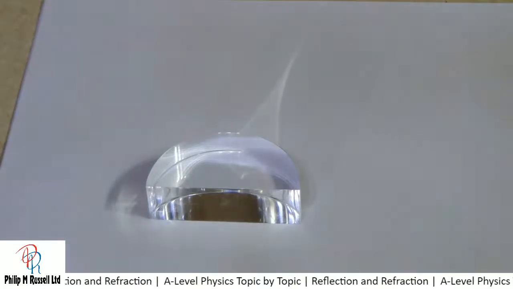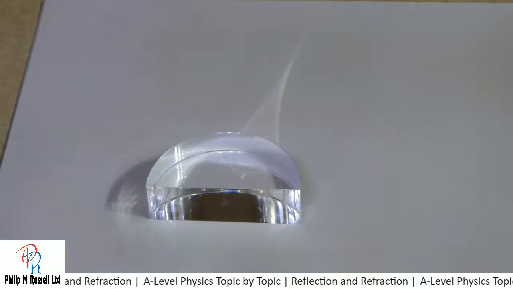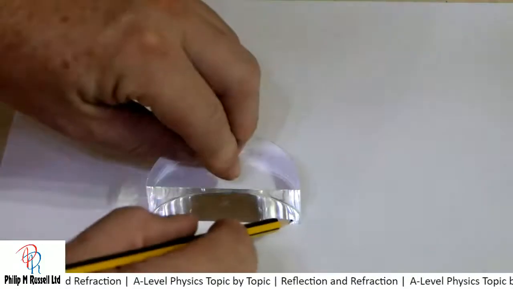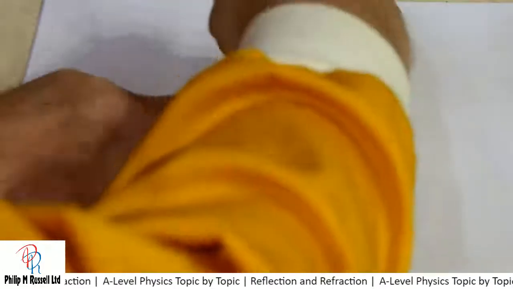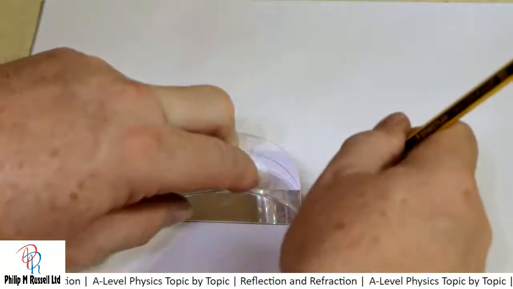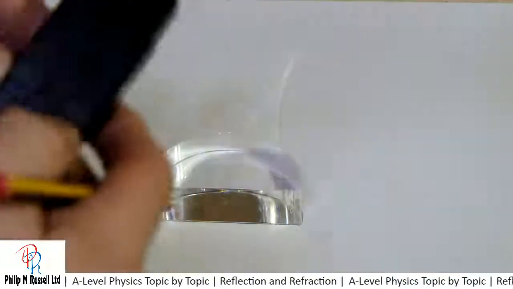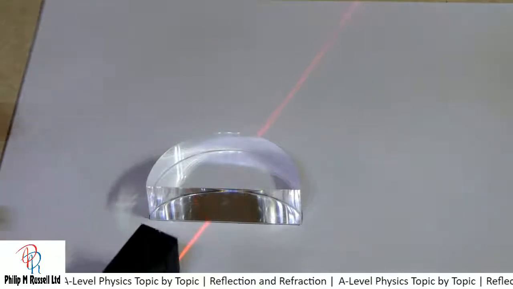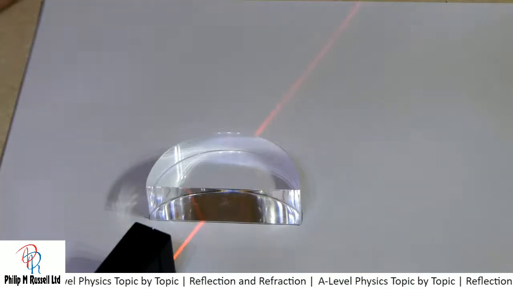What I'm going to do with this one is set it up like this, exactly the same. So I'm just going to mark it out. And we're going to shine the light through. And sure enough, it's going to do exactly the same thing.